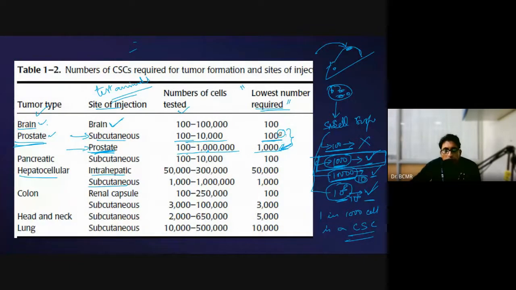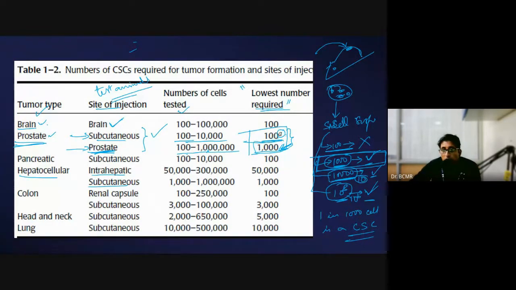So in which of these tissues do you think the tumor is forming easily? Anybody? Looking at these numbers, you can say, even though you give 100 cells, the tumor is forming in subcutaneous.